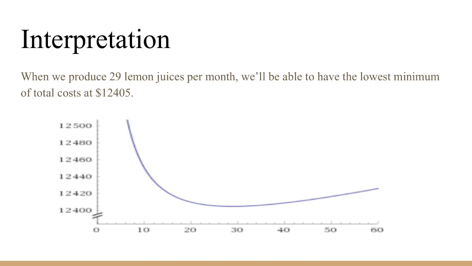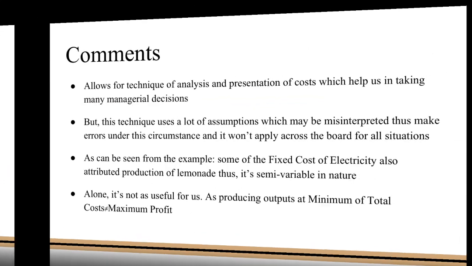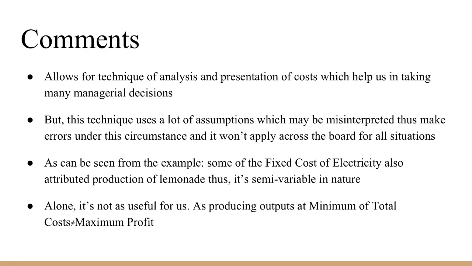After the point of 29, the total cost keeps increasing and increasing. This might be due to economies of scale. This technique of analysis and presentation of costs helps us in taking many managerial decisions. However, this technique uses a lot of assumptions, which may be misinterpreted, thus making errors under these circumstances.